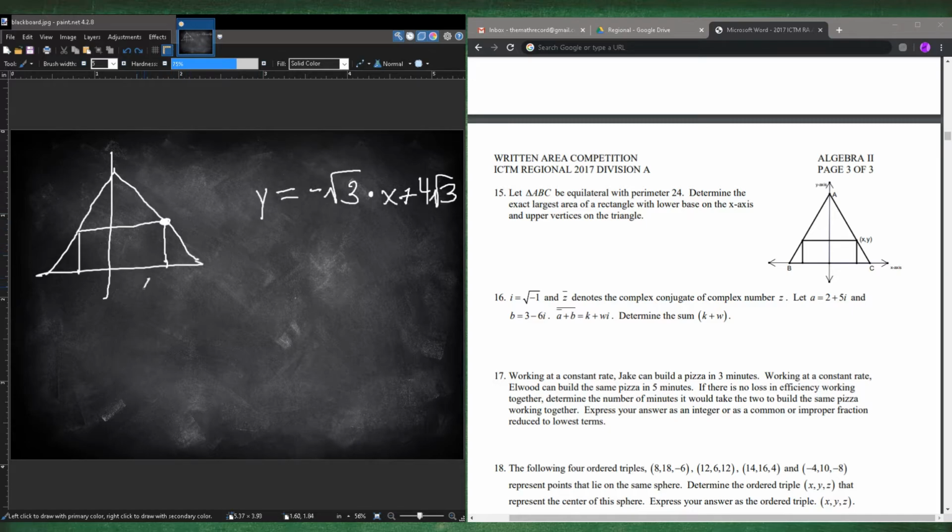So if we have an x coordinate right here, it's 0 to x, so this is length x. If this is x, then this height is y, which is equal to negative square root 3 times x plus 4 square root 3. Okay, so this is our y. So for the area of a rectangle, since this x is only from here, we need the entire thing, right?